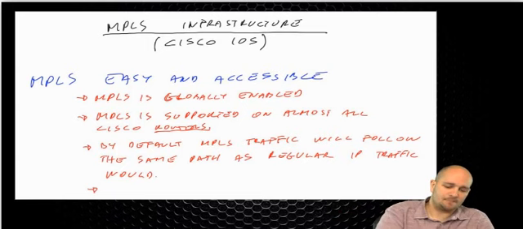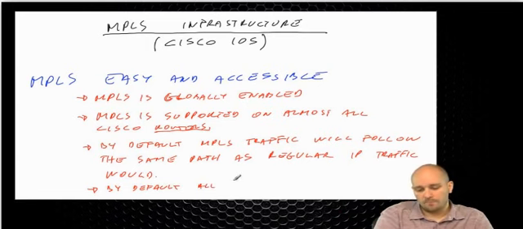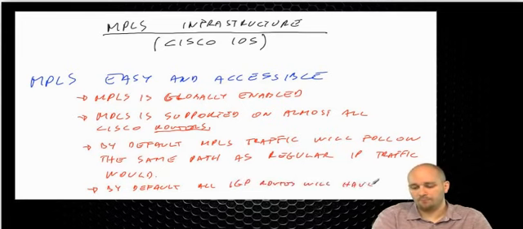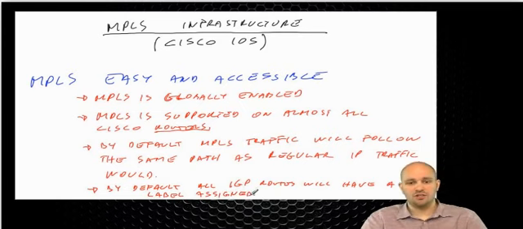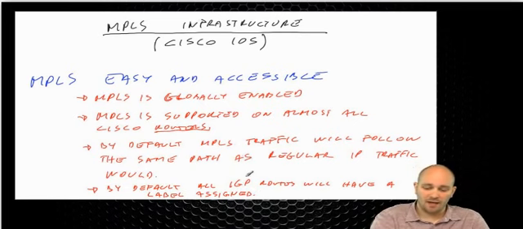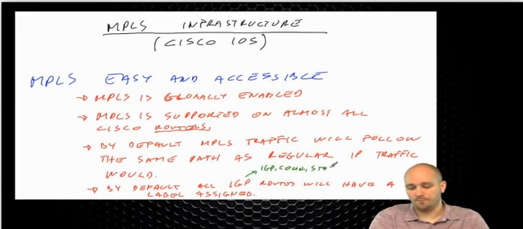And another thing is, by default, all IGP routes will have a label assigned. So all IGP routes, and I should clarify here that by IGP, I actually mean IGP routes, connected routes, and static routes.